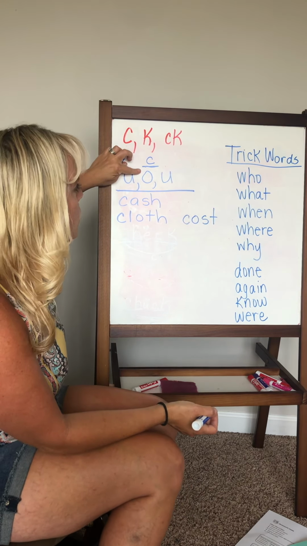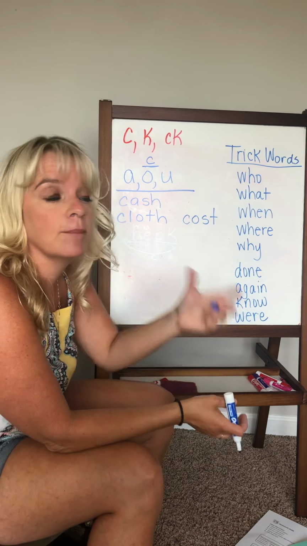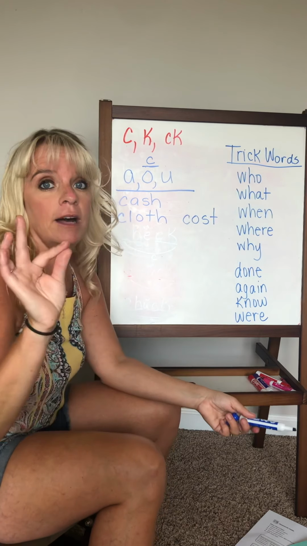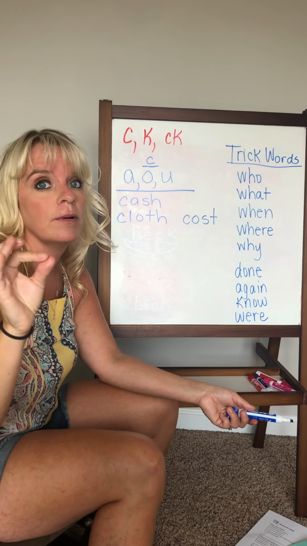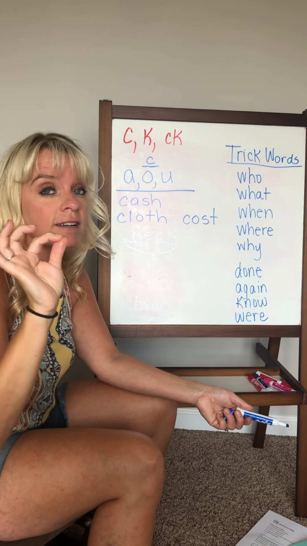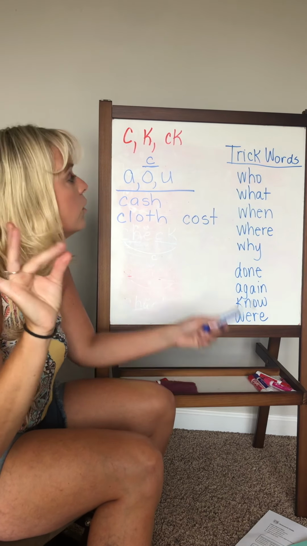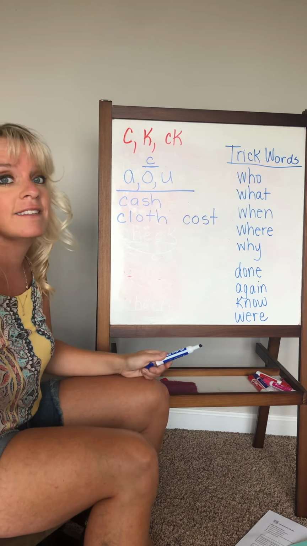All right? Now, we did an A. We did an O. Now I'm going to show you one with the letter U. So if I say the word cup, like I'm going to drink out of my cup, let's tap it out. Cup. So right after the k, we hear the u. We know the letter U says u.